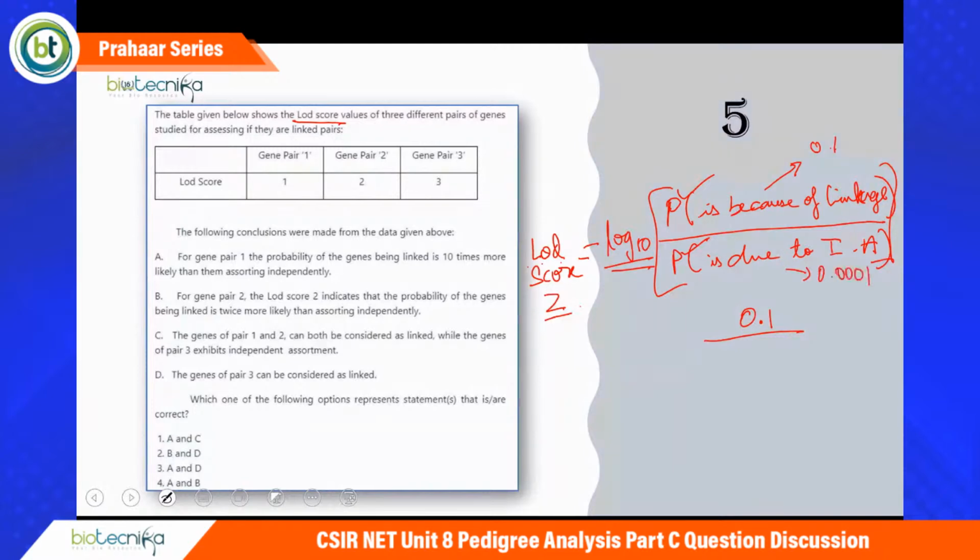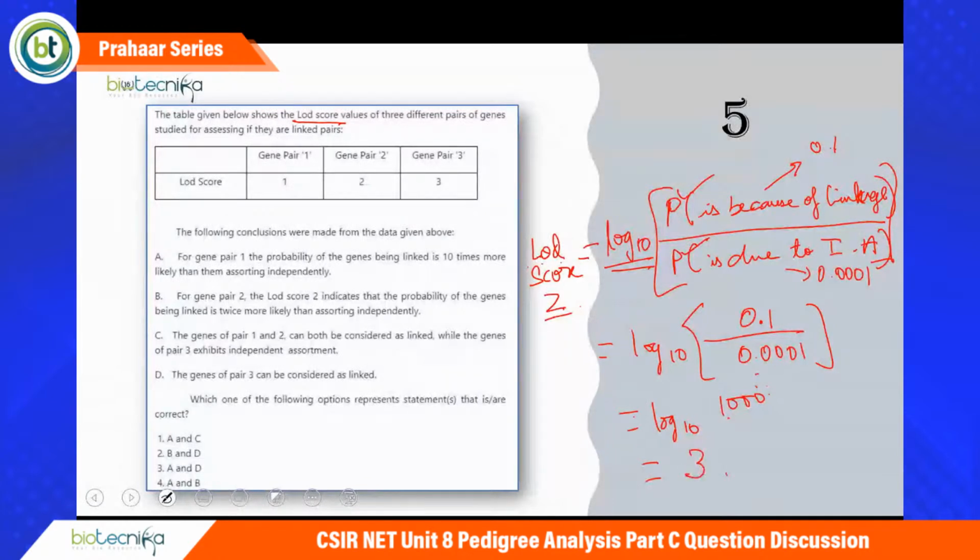Now you just substitute in the formula. This is log to the base 10. If you clear it, how will it be? Log to the base 10 of 1000, or 10 to the power 3. So 3 will come to the front, and the answer will be 3.